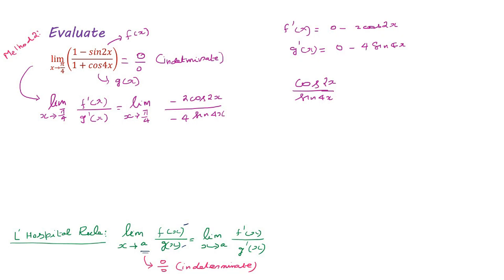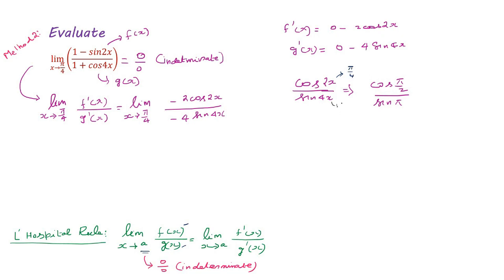Now you substitute x as pi by 4 in cos 2x divided by sin 4x. x is pi by 4, right? That will be same as before. So pi by 2.